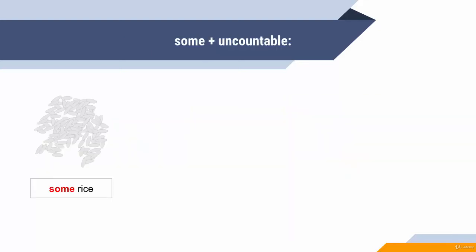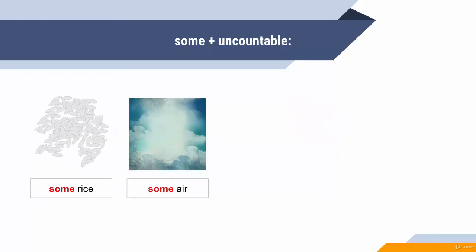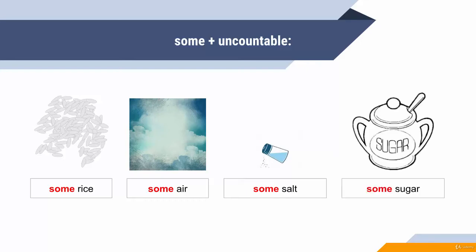And here are some other uncountable nouns. Some rice, rice is uncountable. Some air, air is uncountable. Some salt, salt is uncountable. Some sugar, sugar is uncountable. You understood the logic.